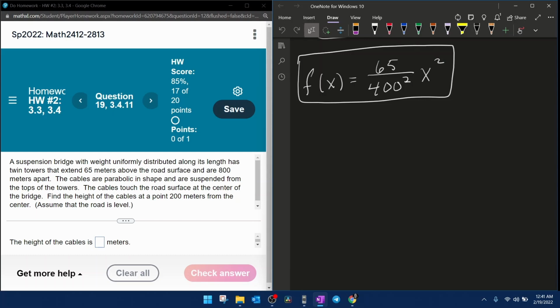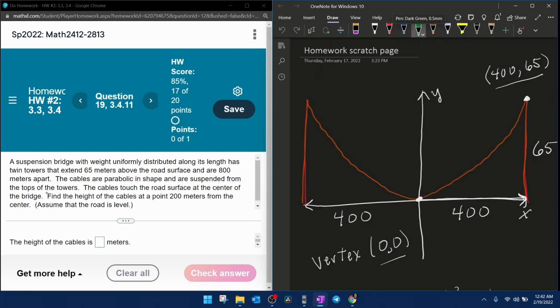Now that we have the quadratic function, we can actually answer the question they really wanted to know. It said find the height of the cables at a point 200 meters from the center. So if we go back to our picture, we know that 200 meters from the center would be about halfway from the center to the tower.